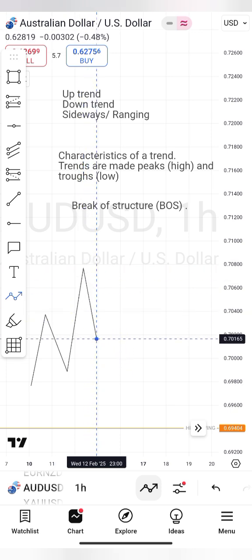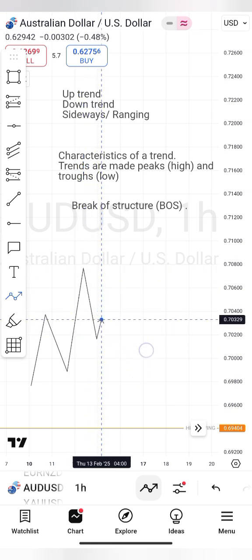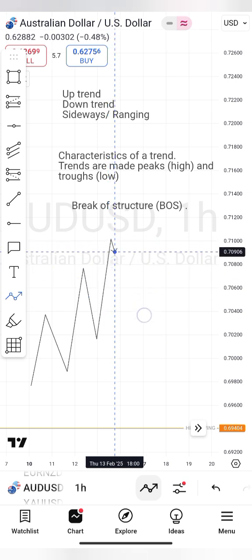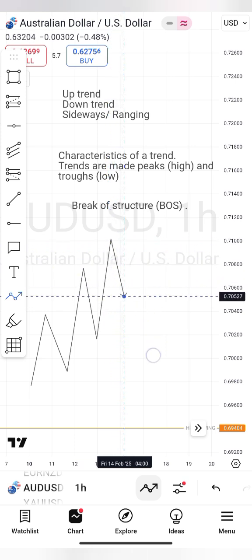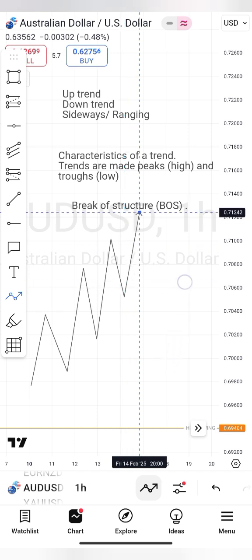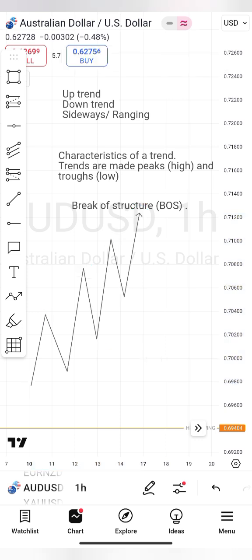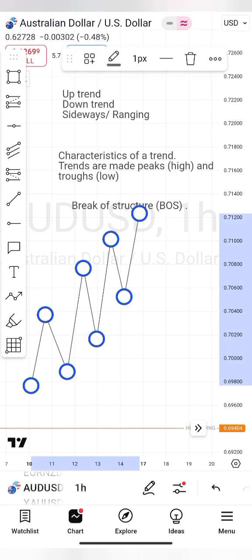Now we are beginning to notice a high and low, and each new high is higher than the previous high, and each new low is higher than the previous low. We have identified the particular structure that the market has printed for us, which is what? An uptrend.